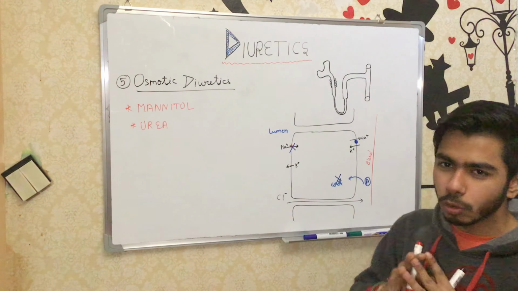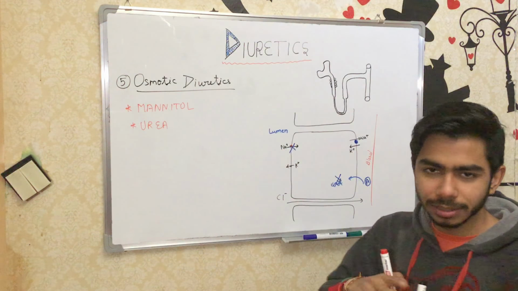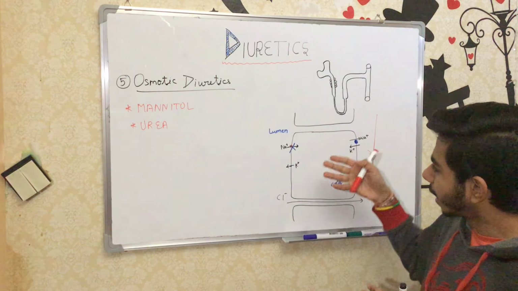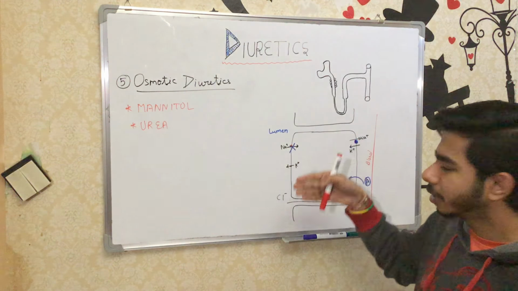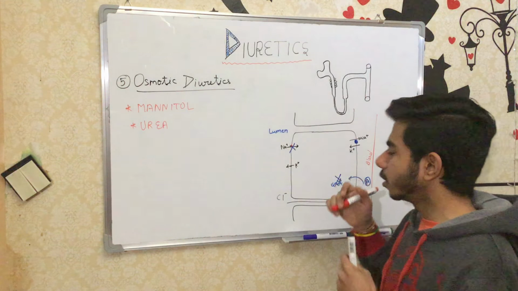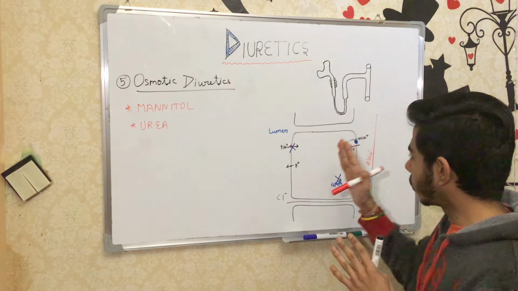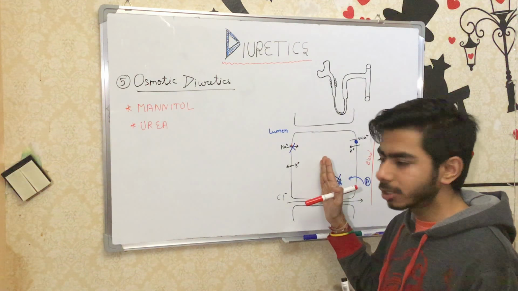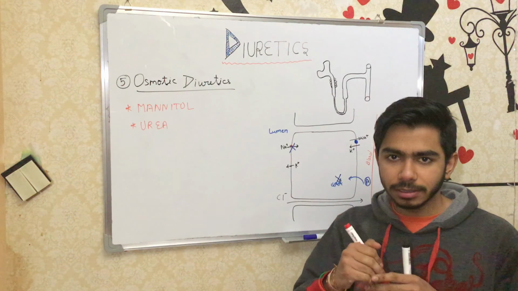So inside the cell there is a low concentration, and outside the cells in the tubular lumen there is the high concentration. So water tends to follow that rule, according to osmosis.